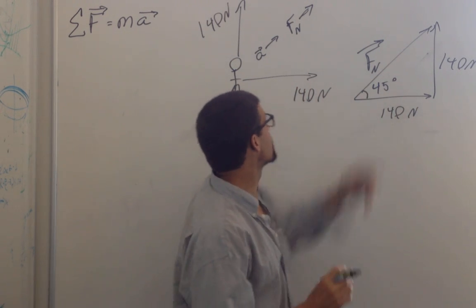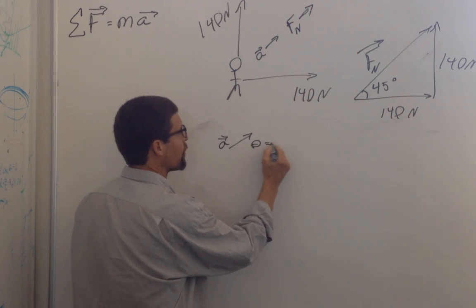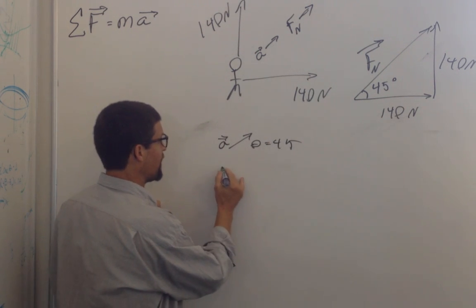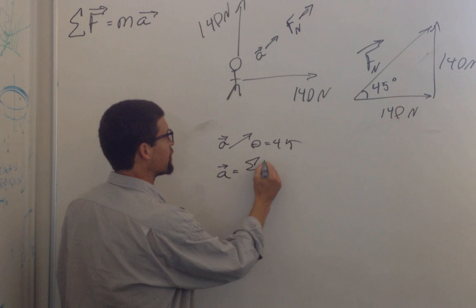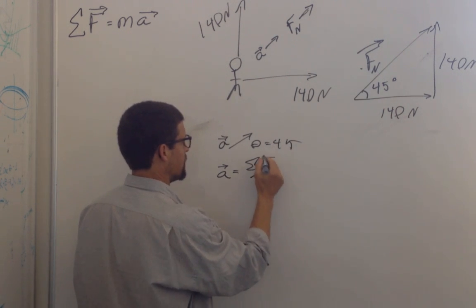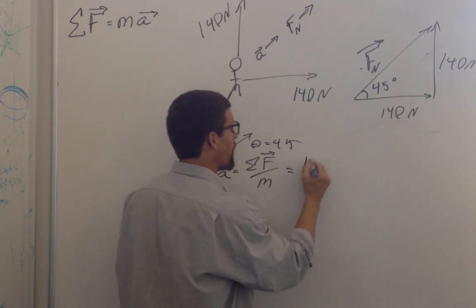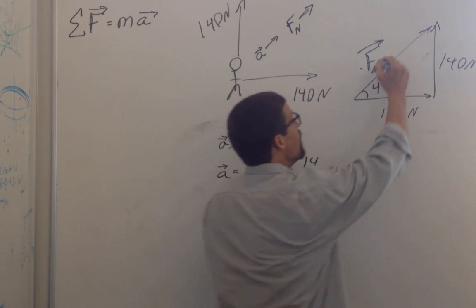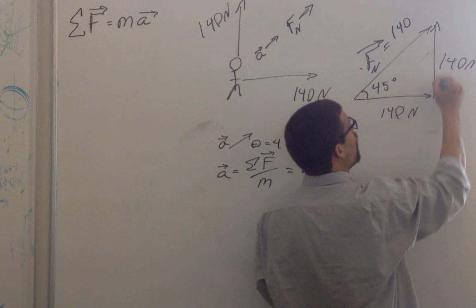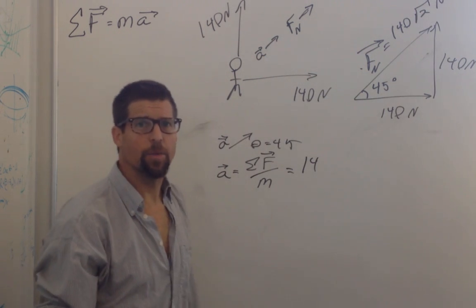I know that the force is in this direction. The acceleration is going to be in that direction at theta equals 45. And then I can just say, the acceleration in that direction is equal to the vector sum of the forces, that's the net force, divided by the mass. That's just going to be 140 newtons, 140 newtons, that's a 1, 1, root 2 isosceles right triangle.